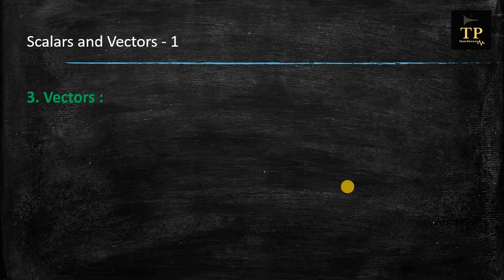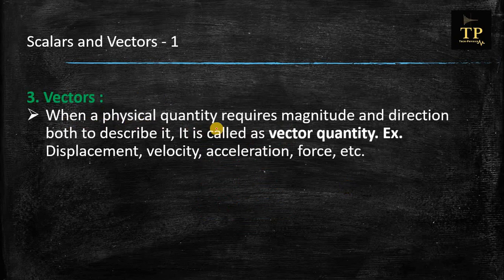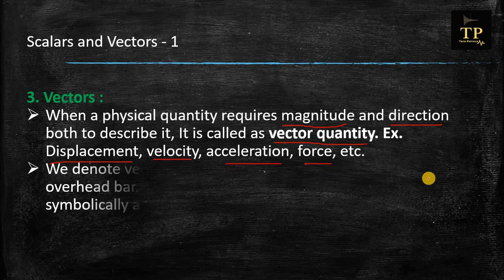Here come vectors. When a physical quantity requires both magnitude and direction to describe, such quantities are called vector quantities. For example, displacement, velocity, acceleration, force, etc. I have already told you why displacement comes in the category of vector quantities.